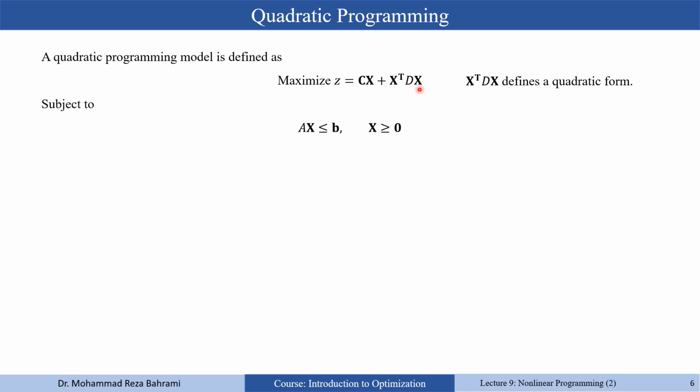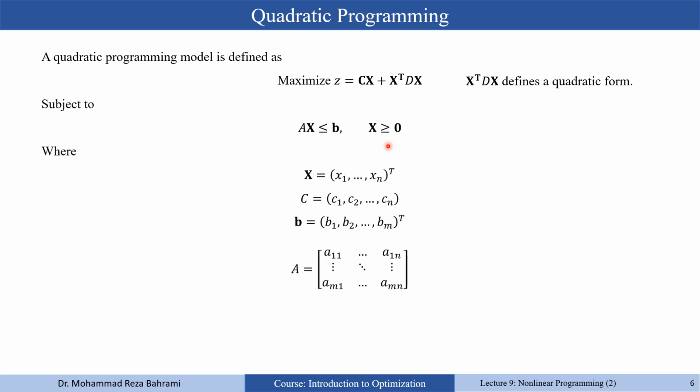Here x transpose Dx defines a quadratic form, which you already know from linear algebra 2. This part makes the program quadratic. We are subject to the constraints. The first constraint is Ax less than or equal to b, and all variables are non-negative.